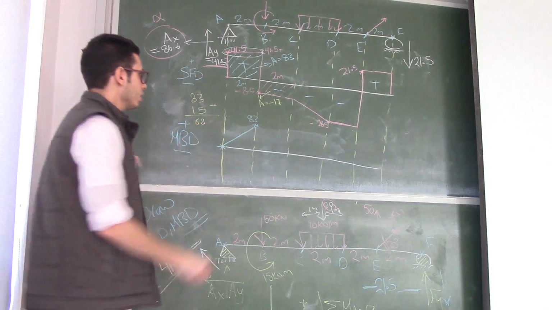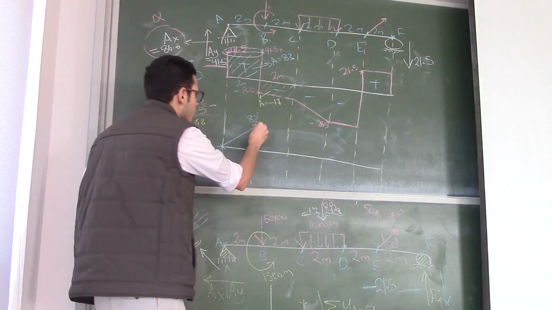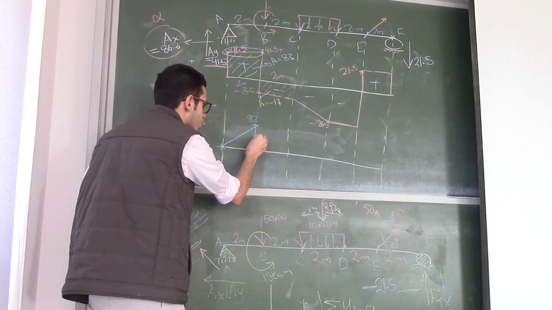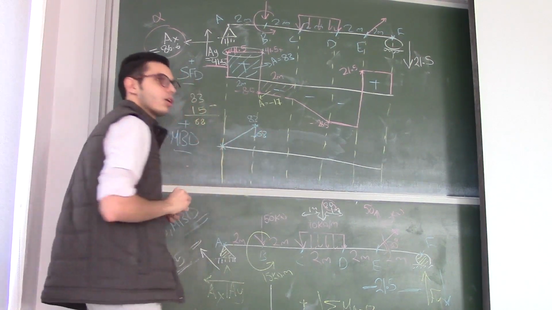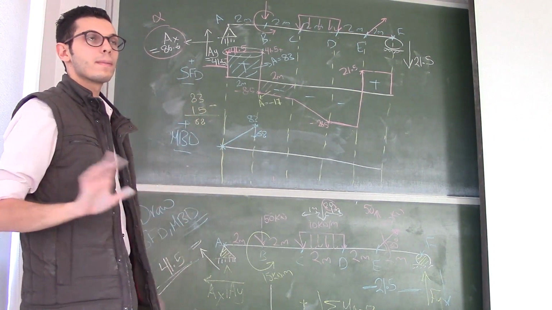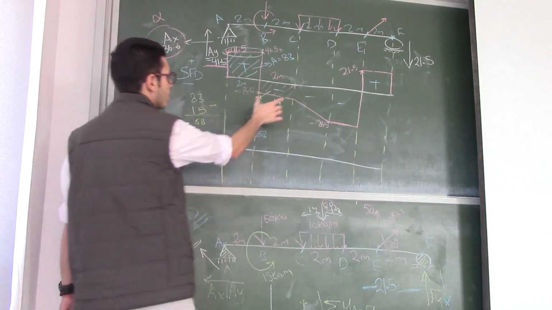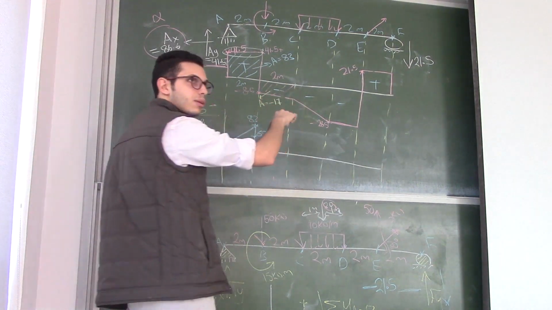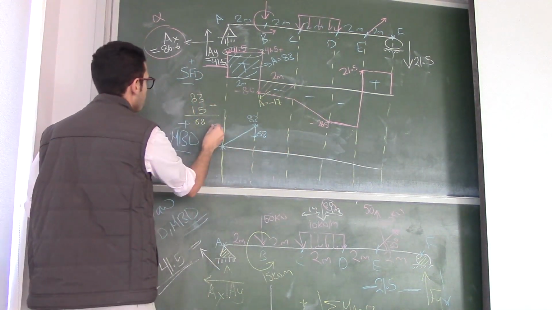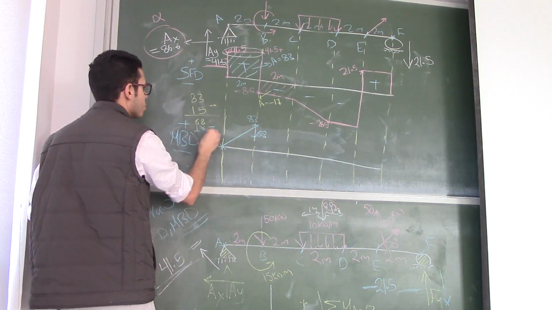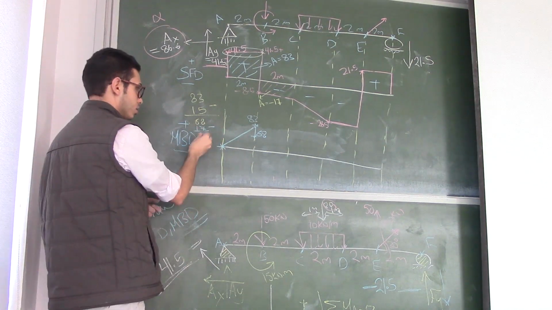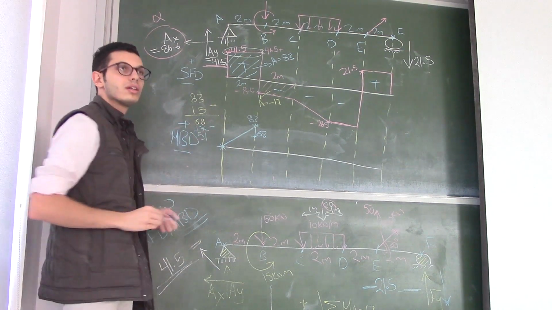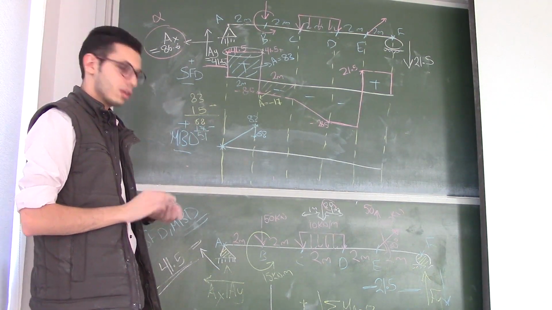Okay, so let's now go down here to 68. Now this region's area is minus 70. It will equal 51.